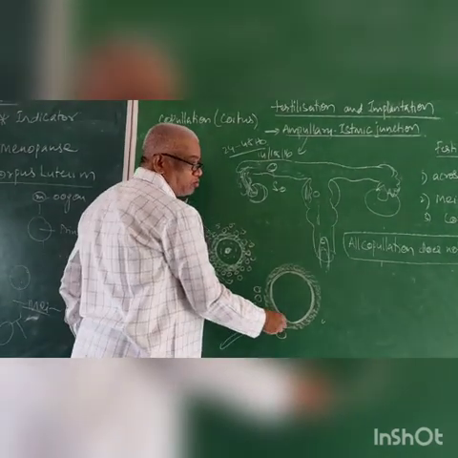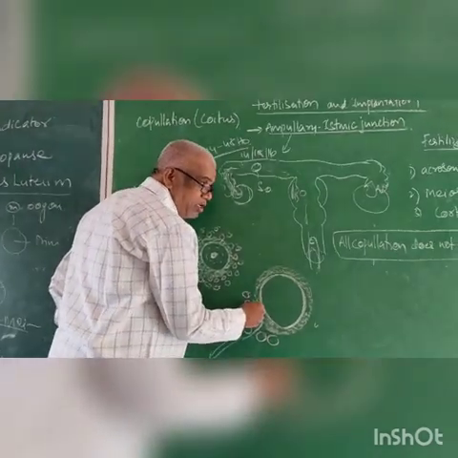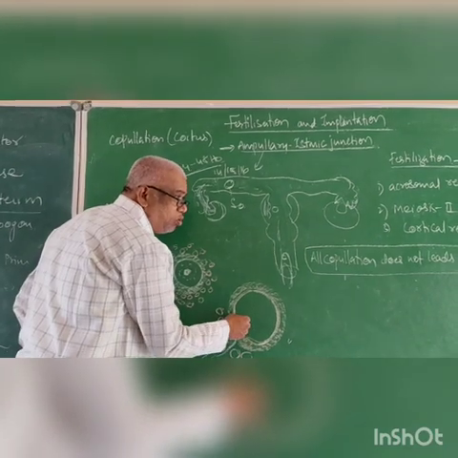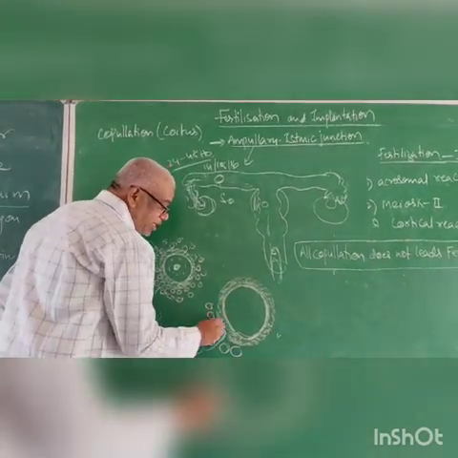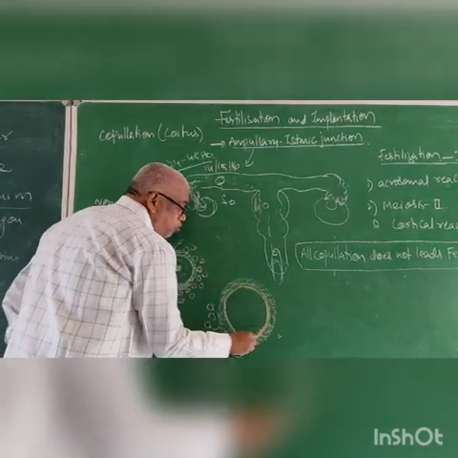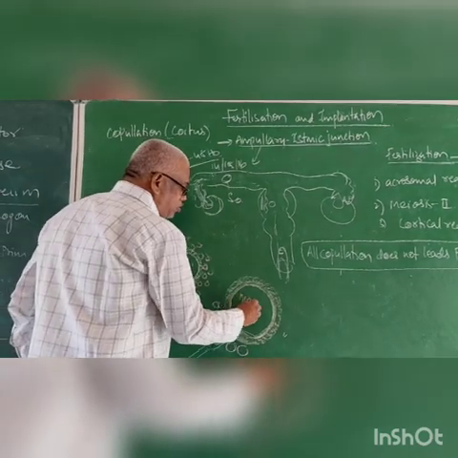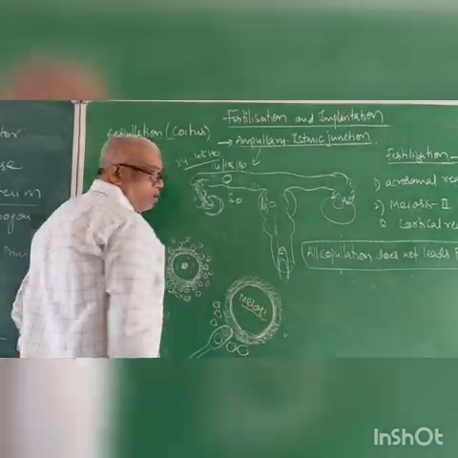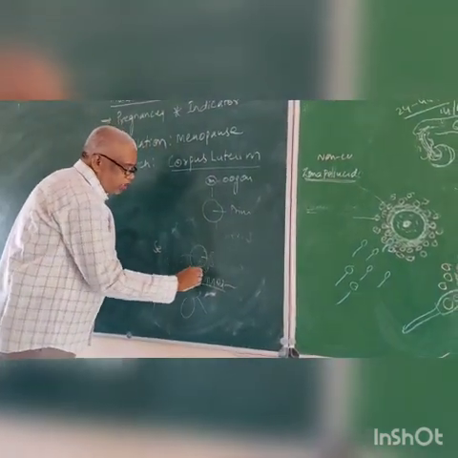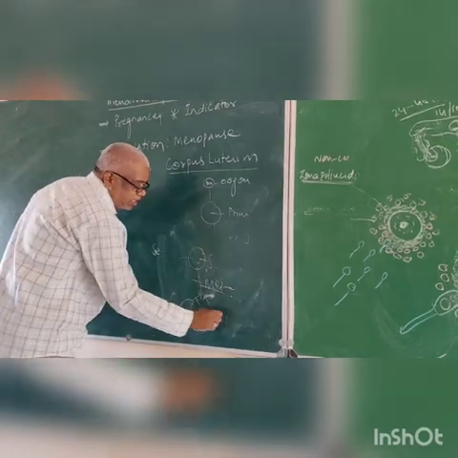When the sperm touches the zona pellucida, this zona pellucida is connected internally to the secondary oocyte. That means the touching causes stimulation to the secondary oocyte. Now the secondary oocyte undergoes meiosis 2, unequal, and forms the egg and the second polar body.